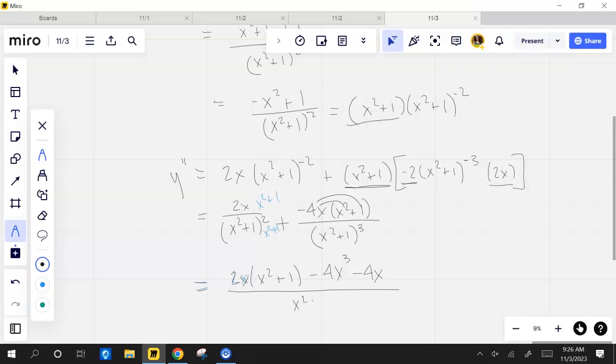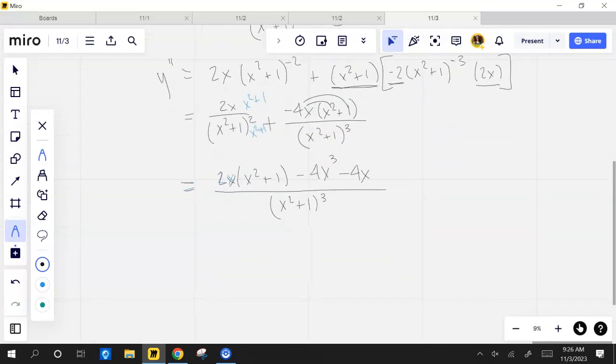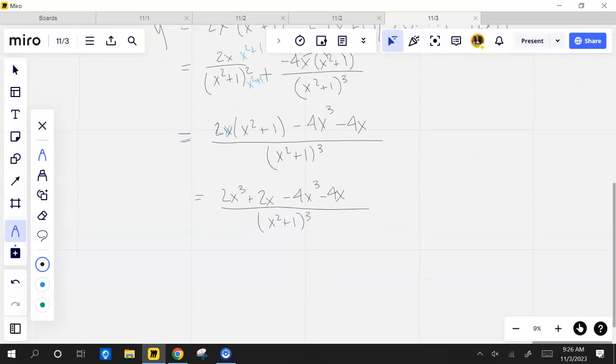Everybody goes over the common denominator. Two x to the third plus 2x minus 4x cubed minus 4x. I don't know why I stumbled over this one so much. Okay, then you're right so far. That's negative 2x cubed.